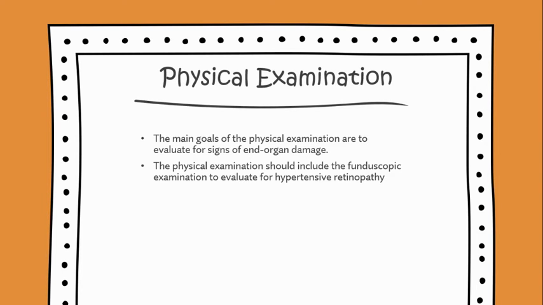Physical examination. Main goals of the physical examination are to evaluate for signs of end organ damage. The physical examination should include the fundoscopic examination to evaluate for hypertensive retinopathy.